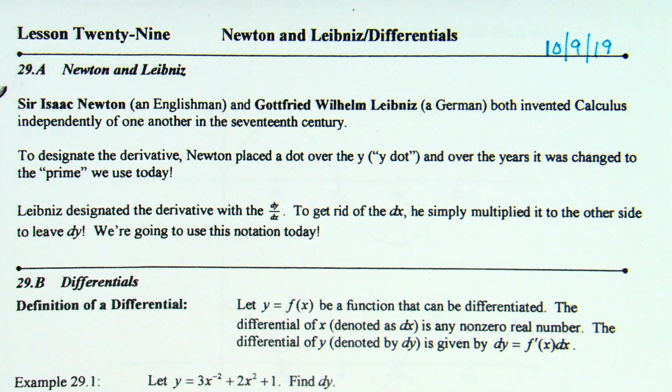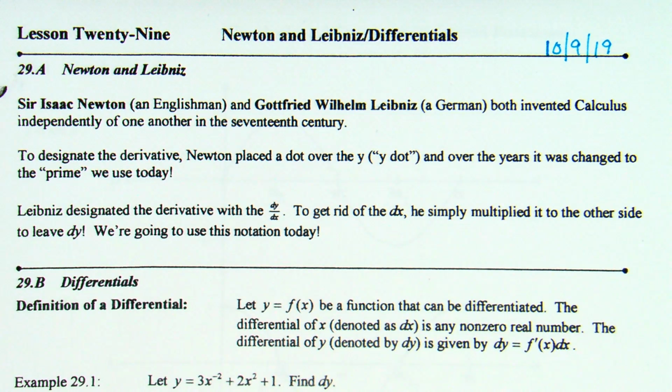So they both are credited with it. Now, what this takes us to is that they had different ways of designating the derivative. We've done a little bit with derivatives, right? We'll sometimes use the prime notation, like f prime of x or y prime. I sometimes use dy dx. When I first introduced derivatives, I showed you a whole bunch of different options, and the difference comes from who you're talking to.